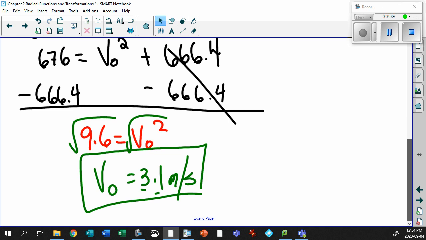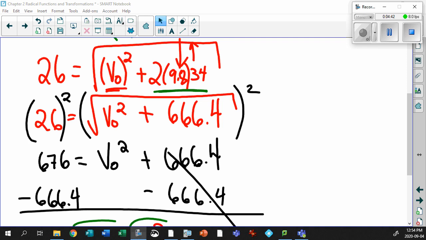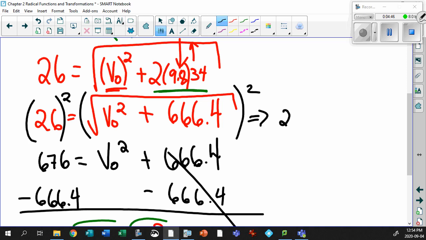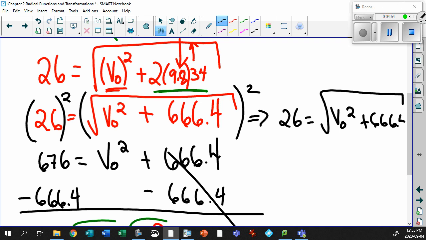Now, you could go out technically and figure this out on your calculator. Why not? Let's do it. I would probably go from this point here and say, okay, I've got 26 equals the square root of V naught squared plus 666.4. There's my y1, there's my y2, and I plug it in. But again, think about this. This is 26.